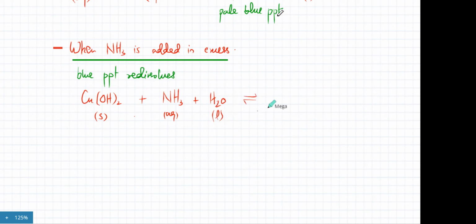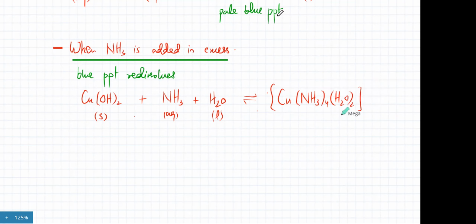And this is what's going to happen, that the copper ions would now again be surrounded by NH3s, either 6 of them or 4 of them, and some water molecules, depending on how much NH3 and how much water is present. So these numbers can be different. But the total number of ligands has got to be 6. It's either 4 and 2, or 6 NH3s and no water molecules, or 1 NH3 and 5 water molecules.